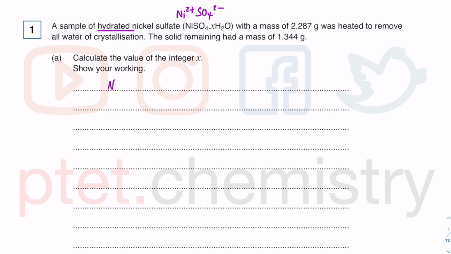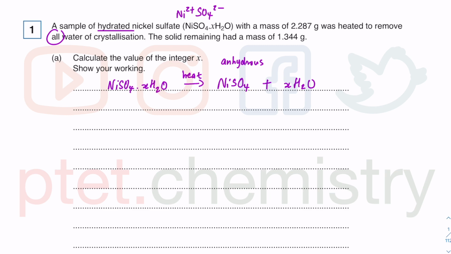As we think about heating up a hydrated salt, we are going to remove the water of crystallization in the presence of heat. We're going to get anhydrous nickel(II) sulfate, as opposed to previously having the hydrated nickel(II) sulfate.